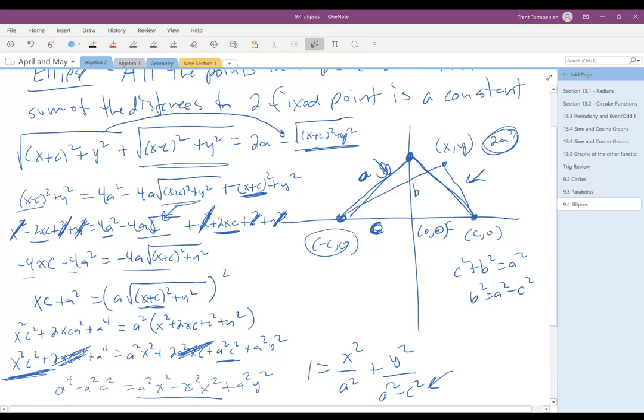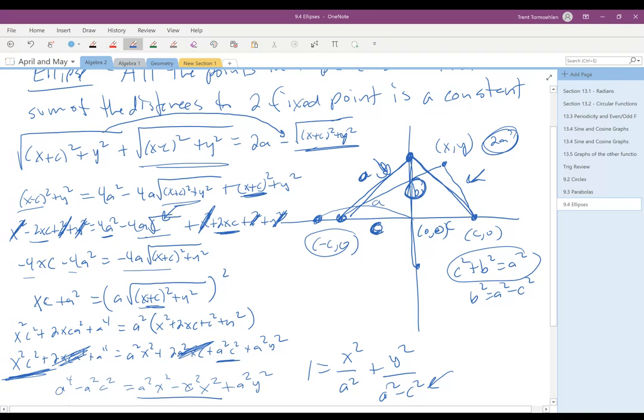The a and the b have very specific meanings. They're defined, and there are two different ways you can think about it. For a and b, this is going to be true: c squared plus b squared equals a squared. That's always going to be true. But it's also true that this b is going to be the distance vertically that we go. And then a, because it's 2a, there's going to be a point over here that is a units away from the center.